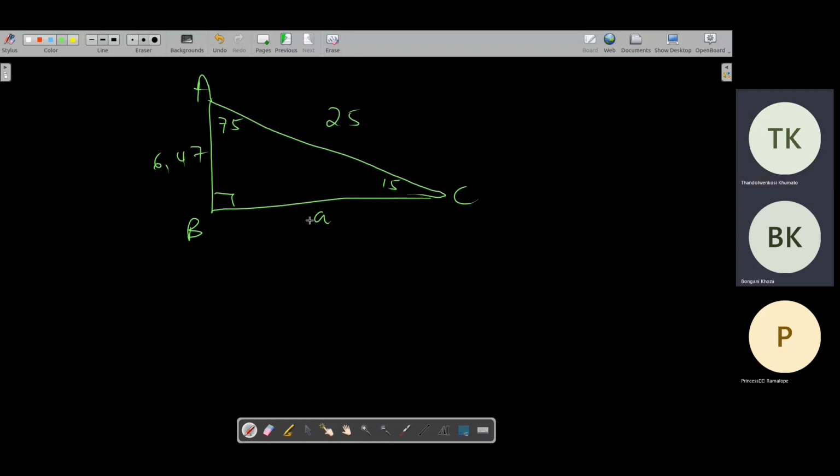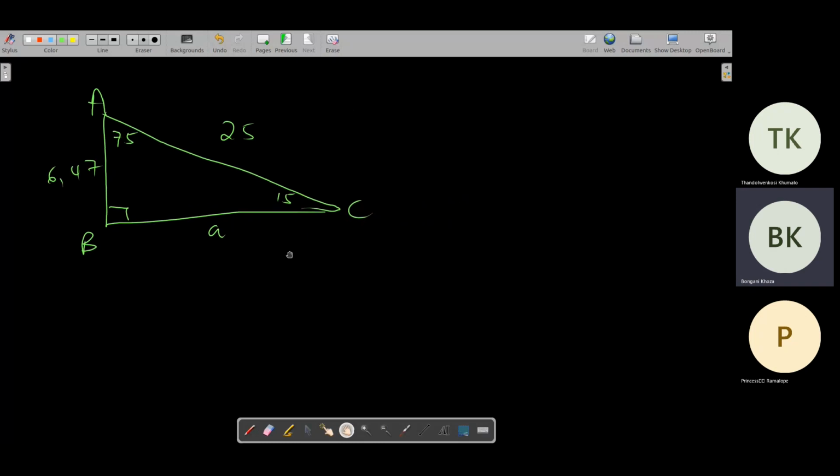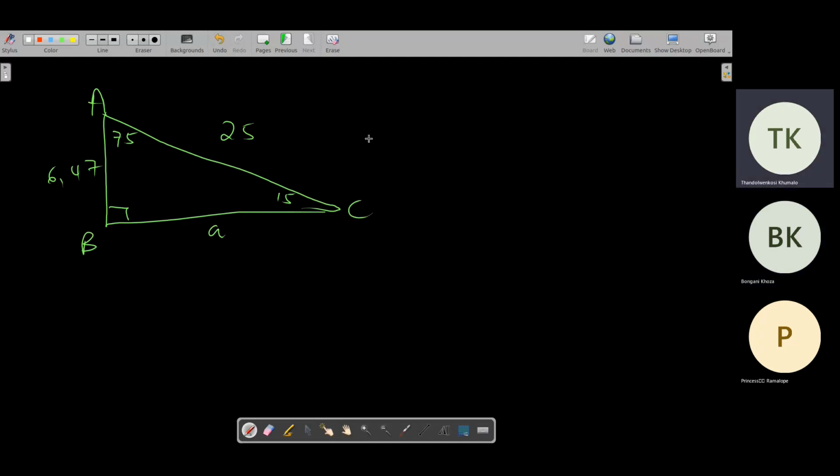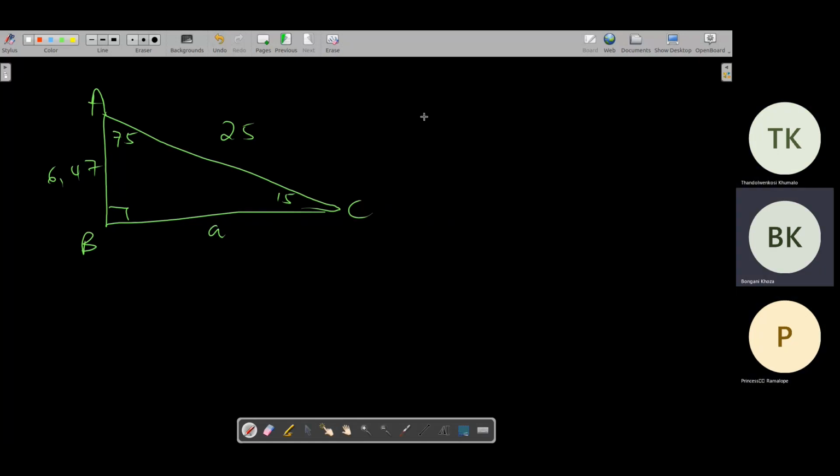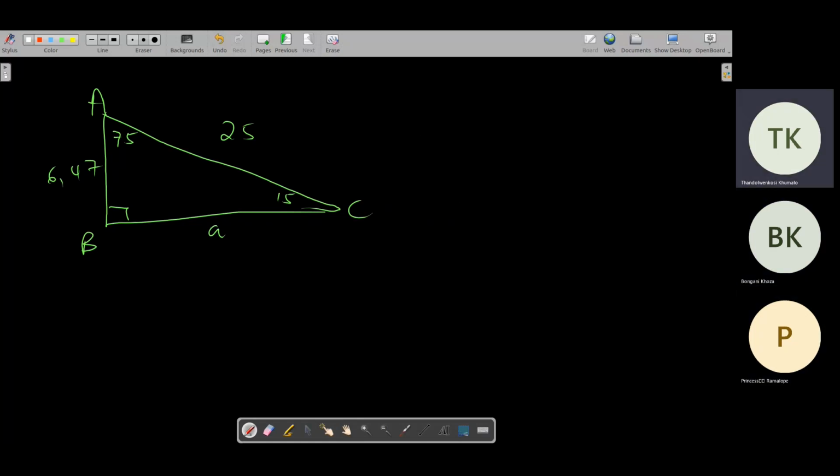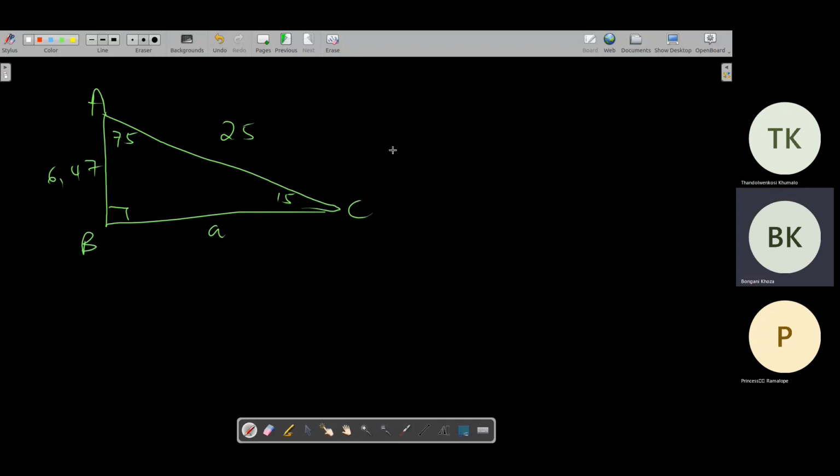That's fine. Another way we can look at it: since we use 15, this is adjacent. We're still looking at A. So we can say cos 15 equals our adjacent, which is BC, over our hypotenuse, which is AC.